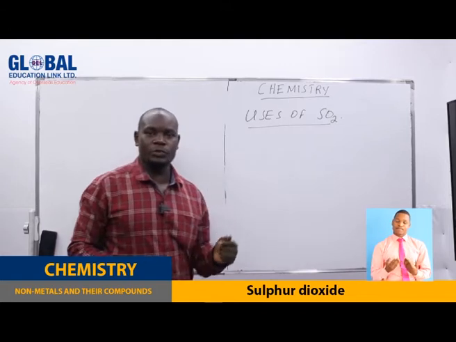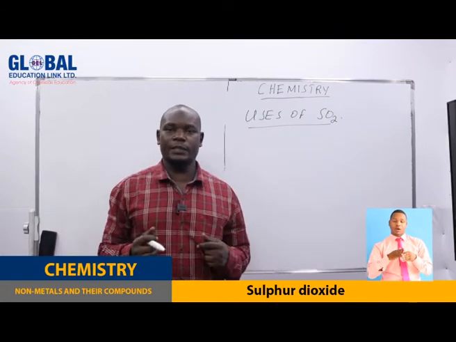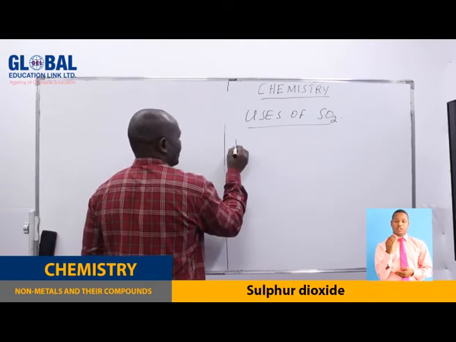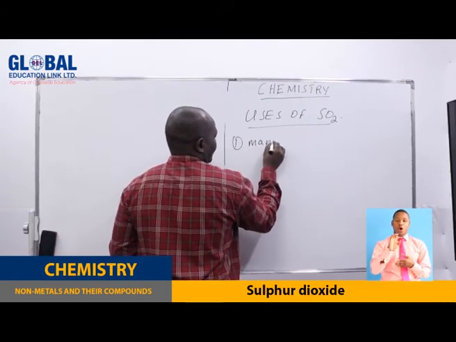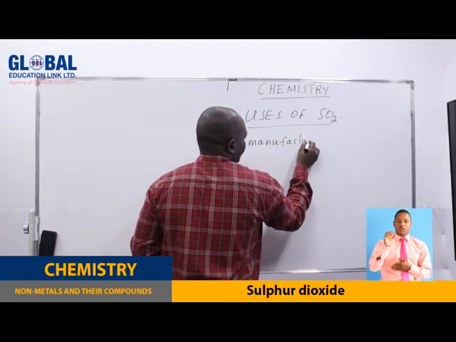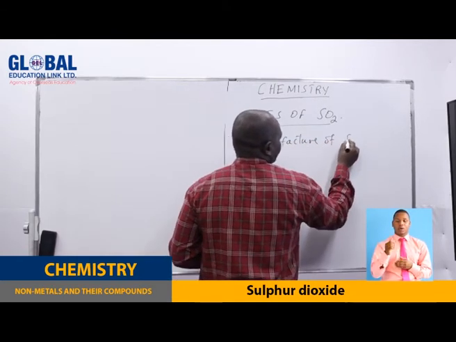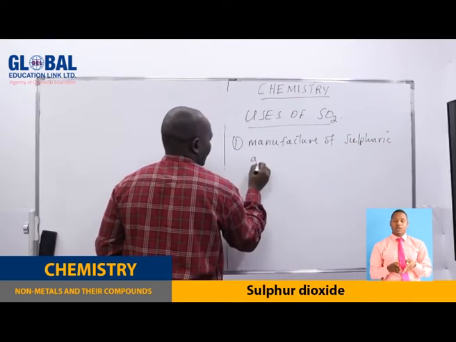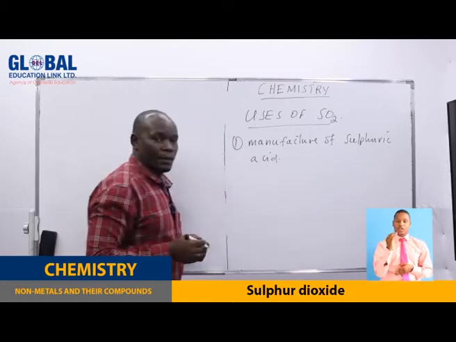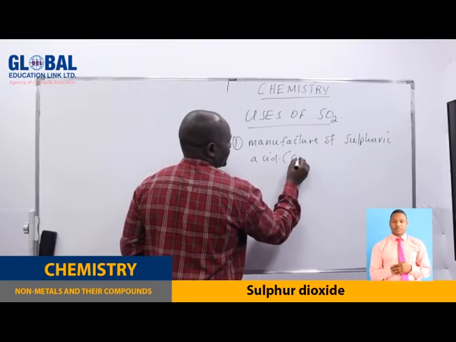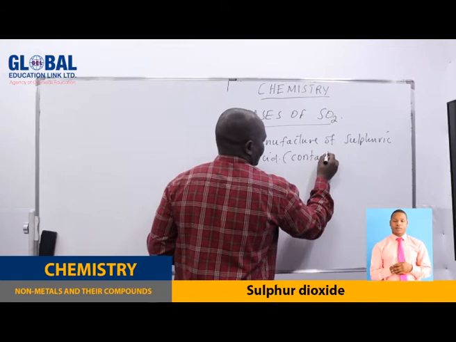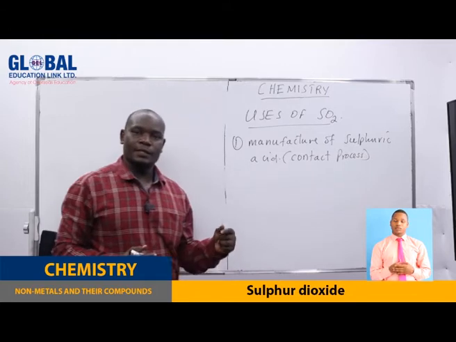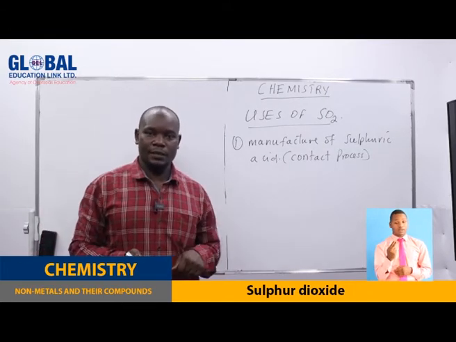Sulfur dioxide is used in the manufacture of sulfuric acid in a process known as the contact process. Normally, sulfur dioxide gas is acidic.